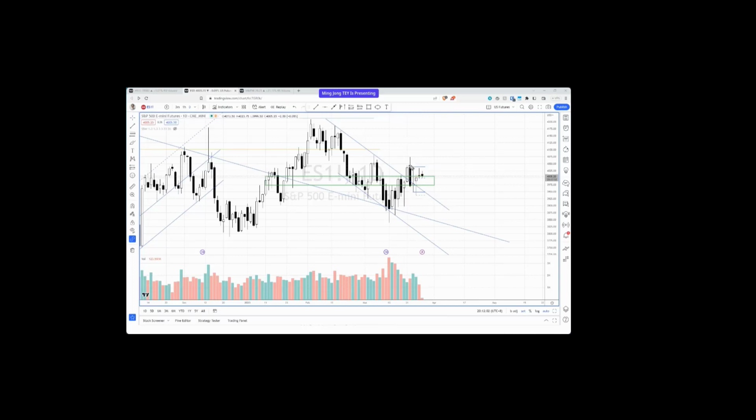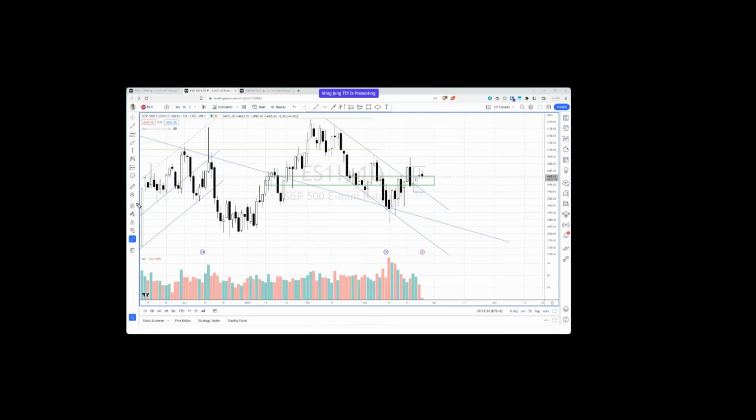Basically, I think this is a good sign if we can have this sort of reaction as a horizontal type of consolidation rather than a pullback going down. I think this will be a very bullish sign. But like I mentioned just now, in terms of the market breadth, it's still negative.